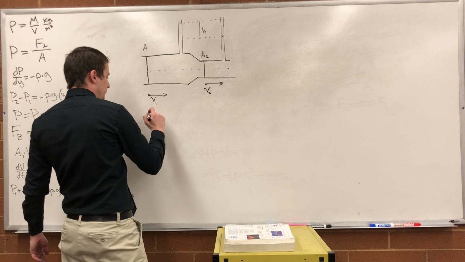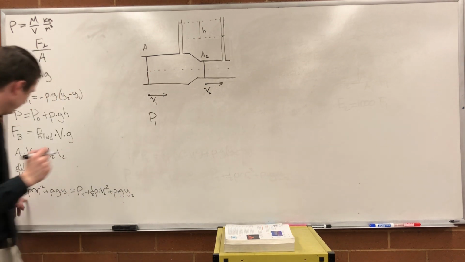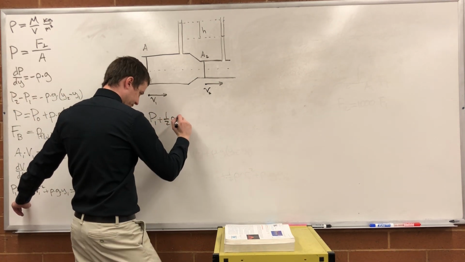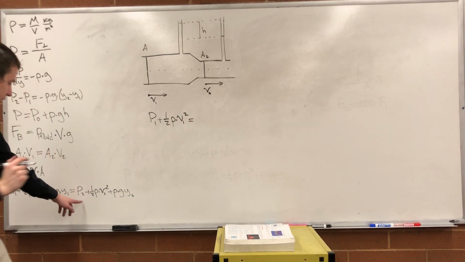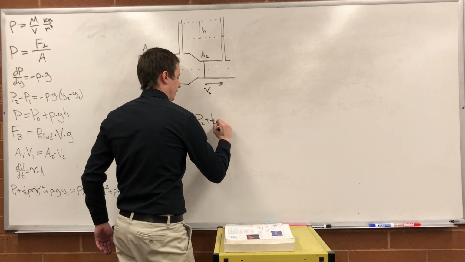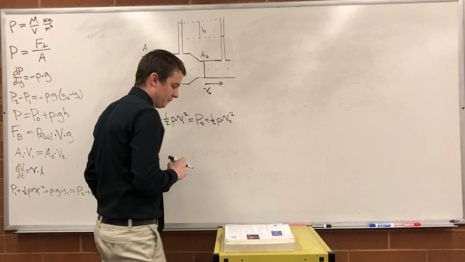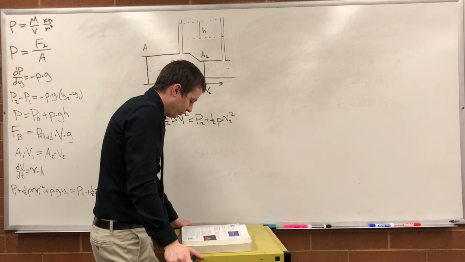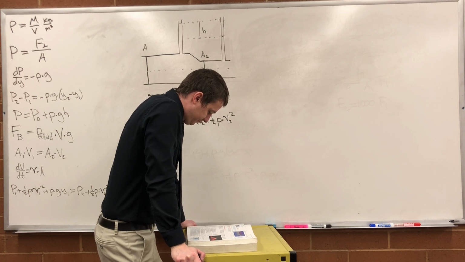So we have the pressure at 1, P1, plus 1/2 rho of water times V1 squared is equal to P2 plus 1/2 rho times V2 squared. Oh, you're saying since your potential energy is consistent, then you can just cancel them out? Yeah, we're assuming that potential energy here doesn't change in any significant way.